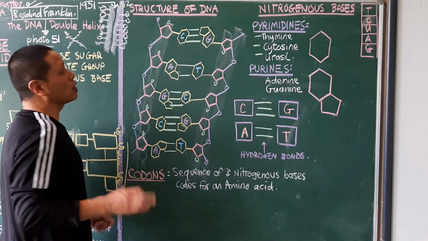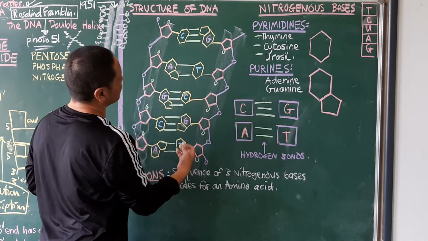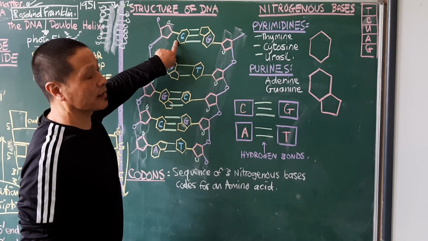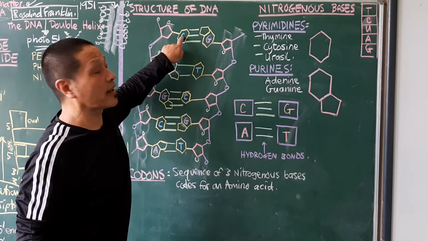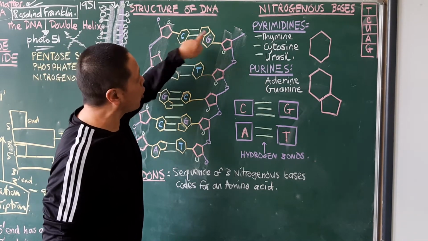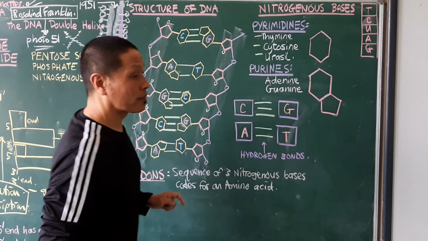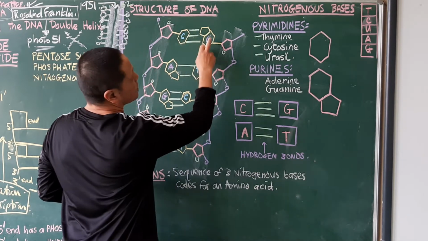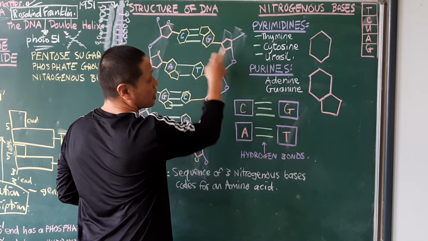If you look at this structure here, on one side it has a pyrimidine, a single ring, and it tells us that on the other side it will always have a purine with a double ring.